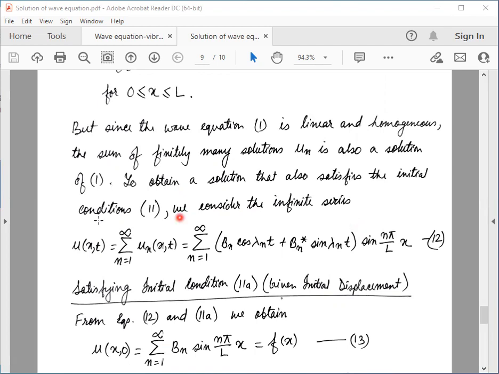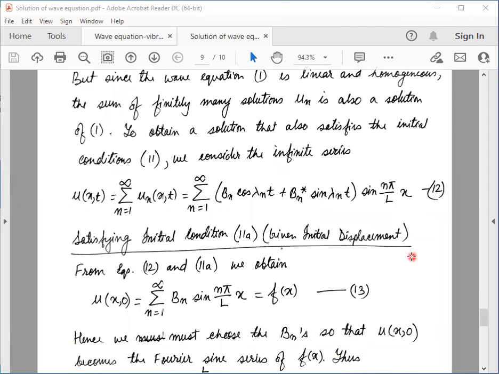That is, we take the sum of all the eigenfunctions, all possible solutions satisfying the boundary conditions. So n from 1 to infinity, we take the sum of them all. And this was the expression of u n, which we had written in equation 10. So u of x, t is the sum of all possible eigenfunctions.